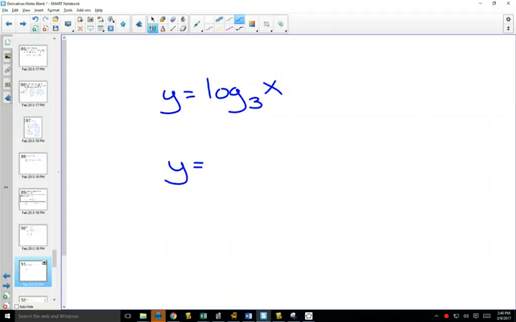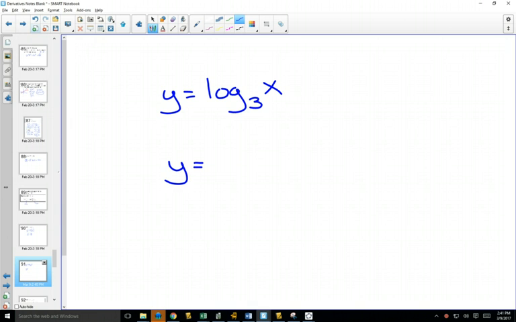So how do we change the base of 3 so that it is a base of e? There's a theorem that allows you to change bases. Do you remember what the theorem was called? The change of base theorem. Wow! They did such a great job at naming these things.